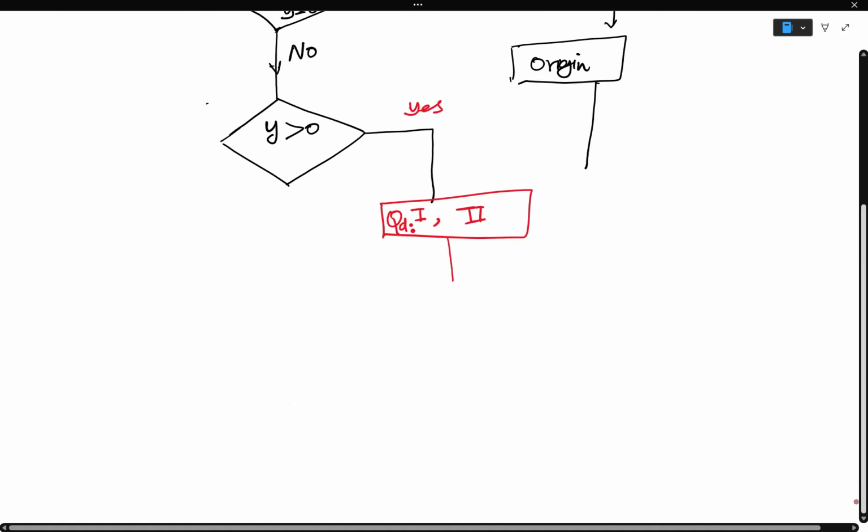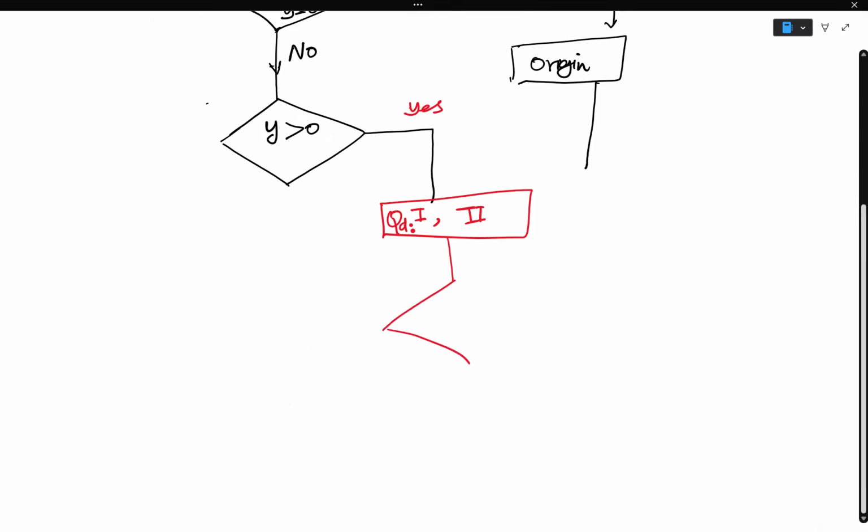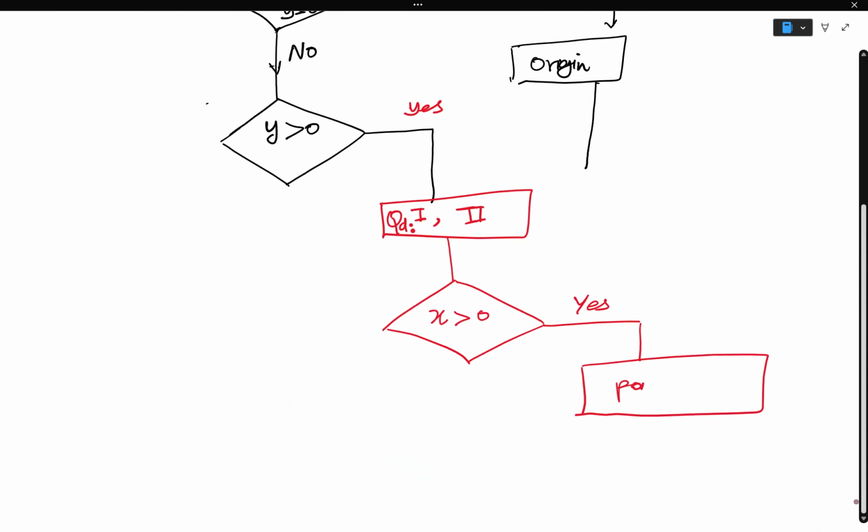If it is in the first or second quadrant, then we can make a decision structure by checking the value of x. If x is greater than 0 and this is true, the answer will be that the point is in the first quadrant.